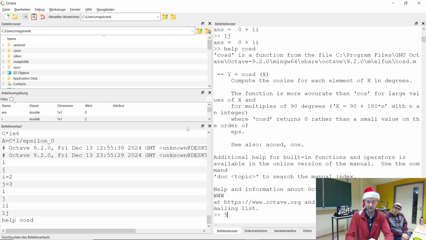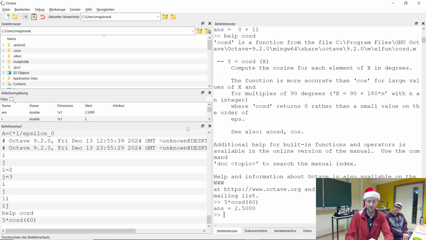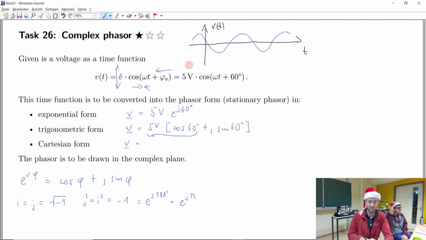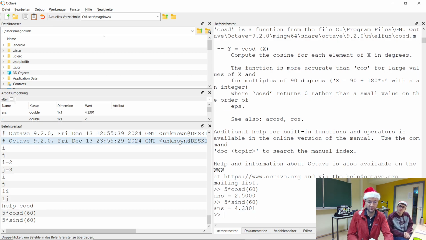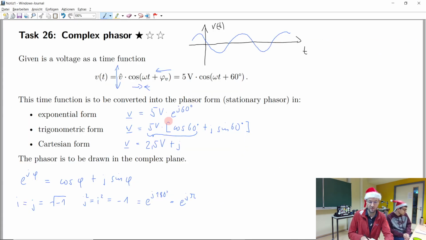So we can take 5 volt times the cosine of 60. Then we get 2.5, which perfectly makes sense. So the real part is 2.5 volt, and the imaginary part, 5 times the sine of 60 degrees, is 4.33 volt.